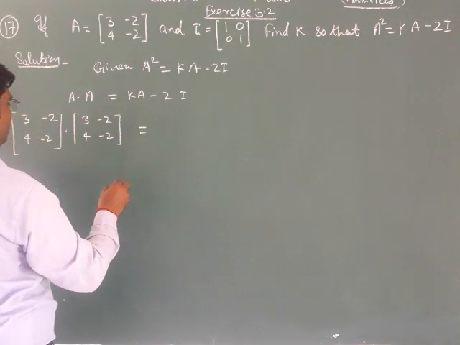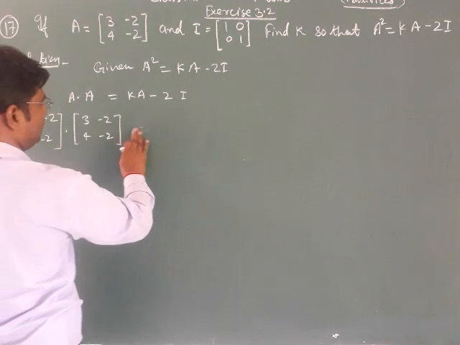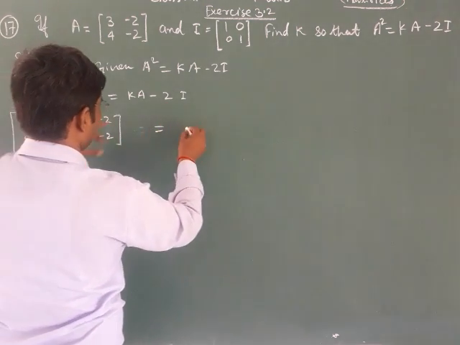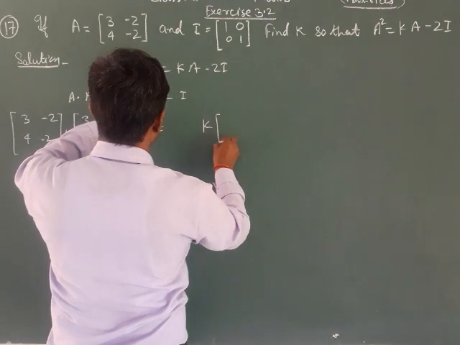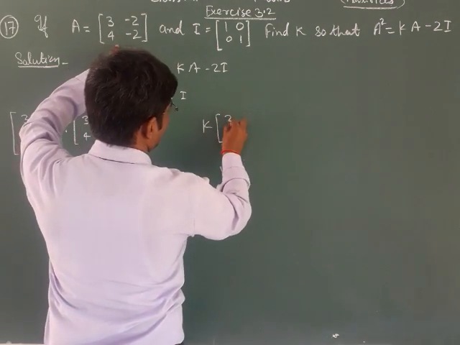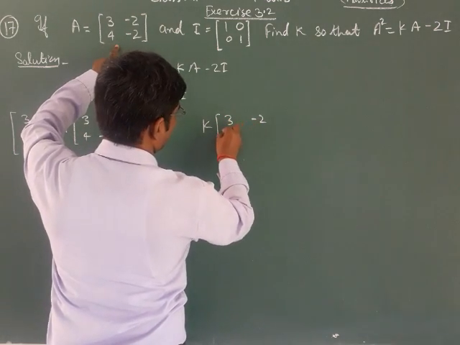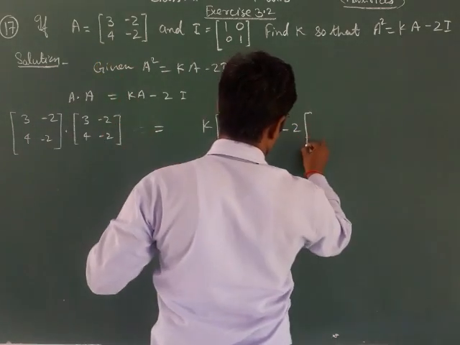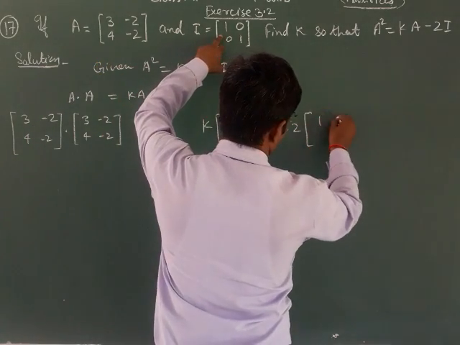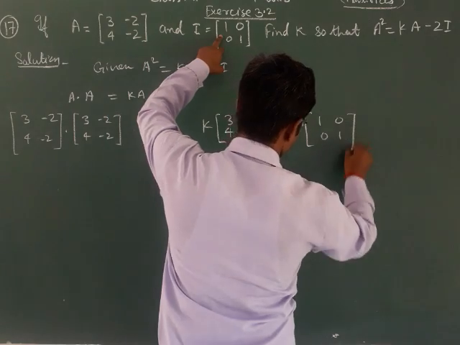So we multiply, and k times A for the given matrix 3, minus 2, 4, minus 2, and 2I for the identity matrix 1, 0, 0, 1.